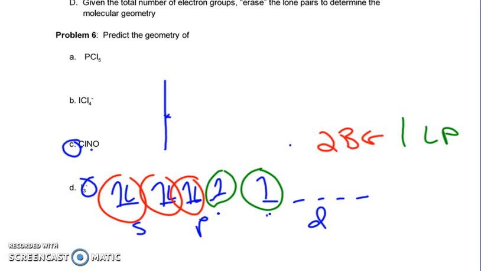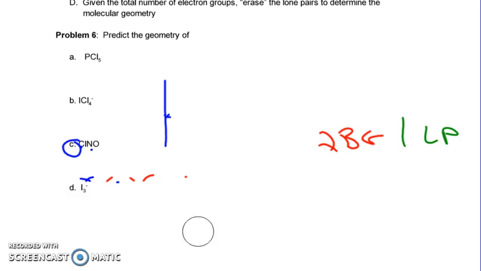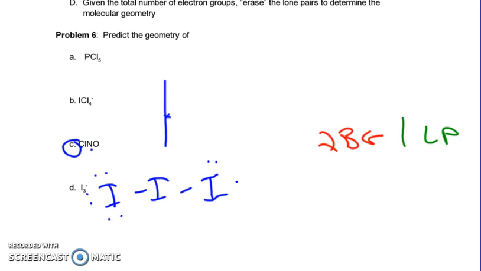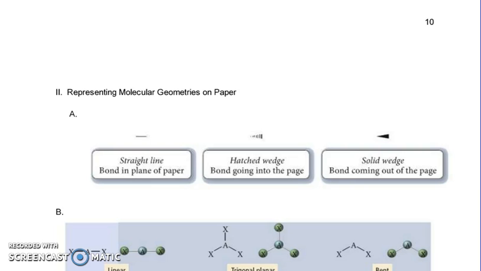And there it goes. It is linear. So how am I going to actually draw the Lewis diagram for this? Ready? Remember, I had 3 lone pairs around this iodine, and don't forget the brackets with a negative charge. Okay? All right, let's go on.